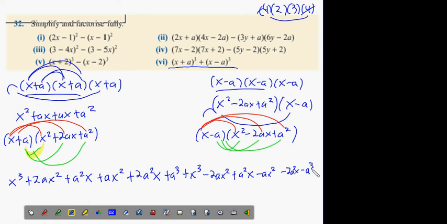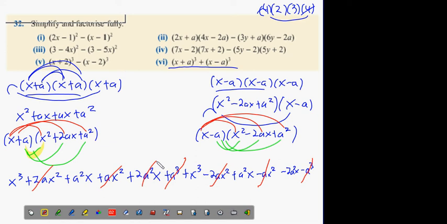Now what cancels? Now we'll see what cancels. Robert, what cancels? Anything else? 2ax squared. Okay. Anything else? There's another 2ax squared. 2a squared x.